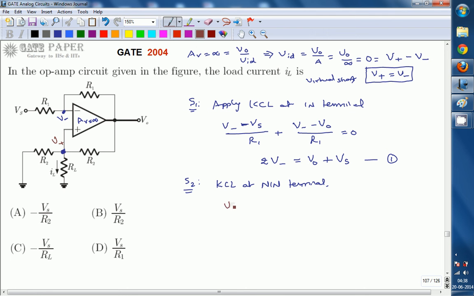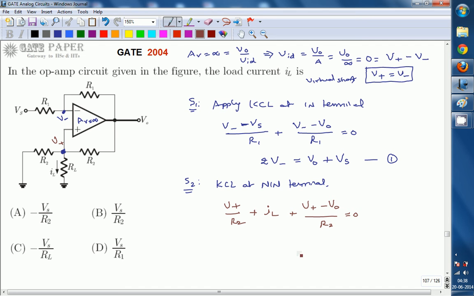So here (V plus minus 0) divided by R2 plus IL, directly taking this current IL as outgoing, which is positive, plus (V plus minus V0) divided by R2 is equal to 0.